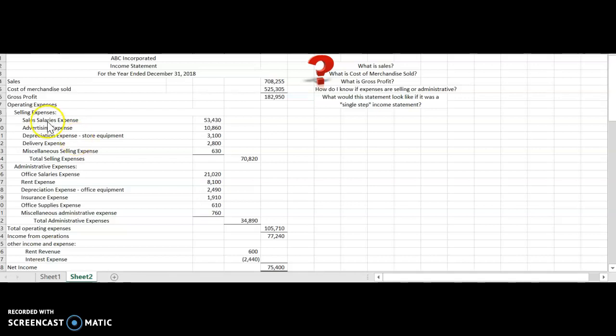Any expenses that have the word sale or have the word store are going to be selling expenses. Other selling expenses would be advertising and delivery expenses. Advertising, because this is how we get the word out to make the sale. And delivery expense, because this is what we're offering to our customer in order to make the sale.